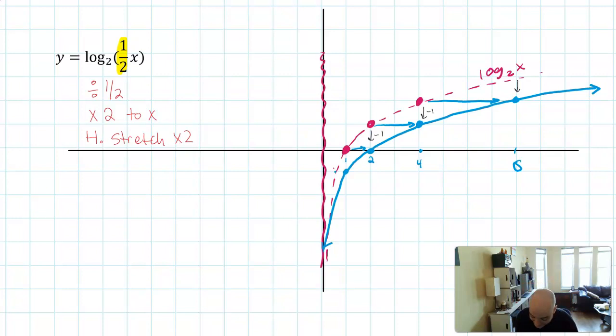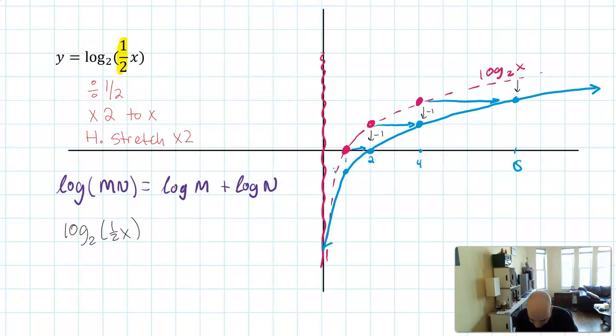Well, check this out. Do you remember the log rule that went like this? Log of mn is equal to log m plus log n, no matter what the base is. Well, don't we kind of have that here? We have log base 2 of 1/2 x.